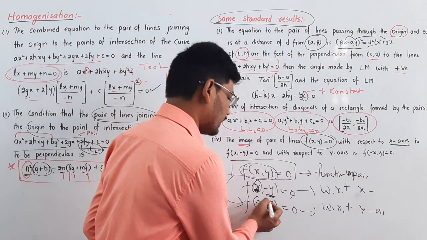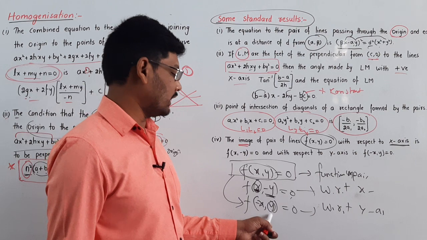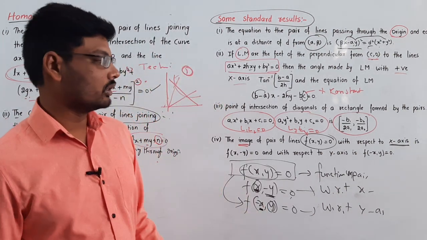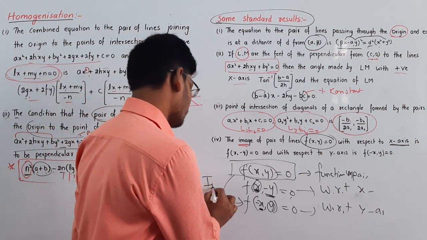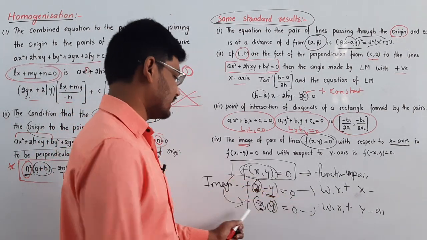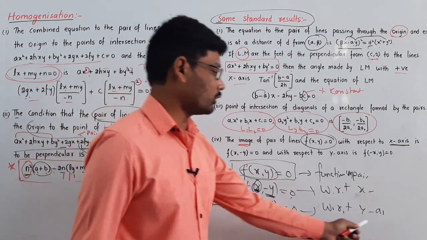Here the y values remain positive, and the x values become negative. This is the image of f of x comma y with respect to x axis. This is the image of f of x comma y with respect to y axis.